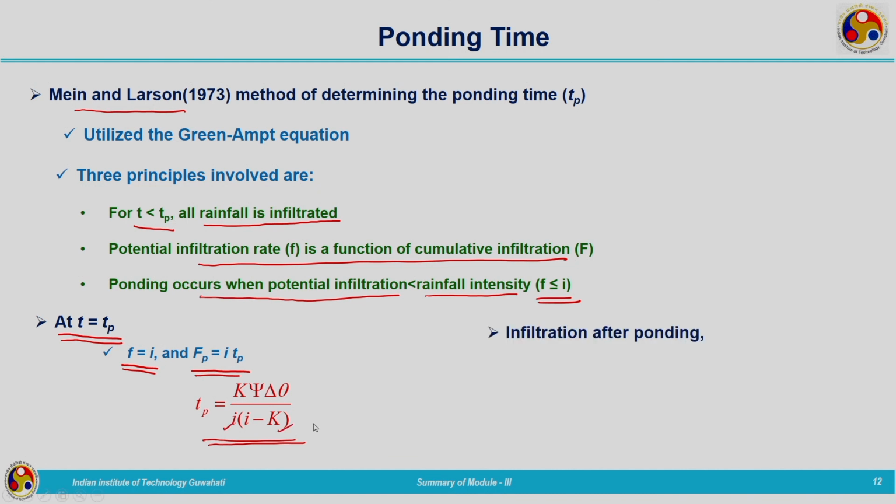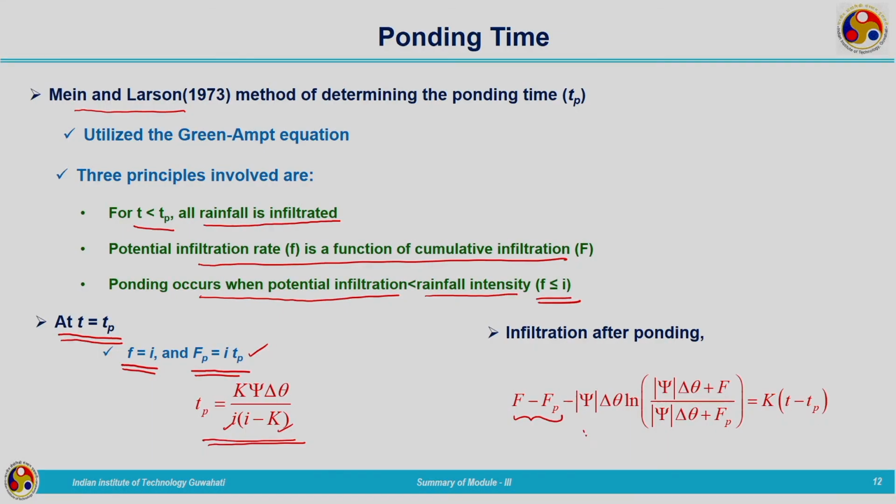Infiltration after ponding was calculated by finding the difference F minus Fp. Fp can be obtained by using i and tp, and capital F by using the cumulative infiltration expression given by the Green-Ampt equation. So, capital F minus Fp will give you the infiltration taken place after ponding has occurred, given by this particular expression.